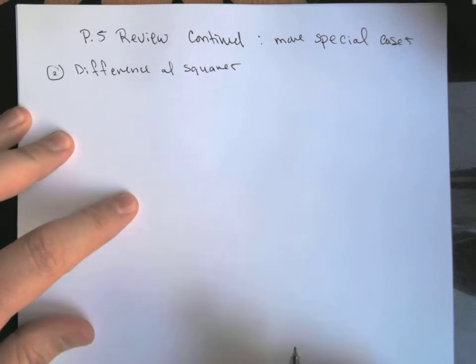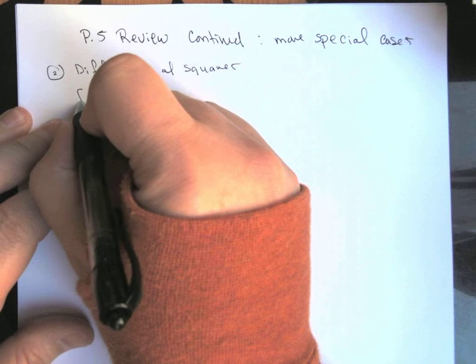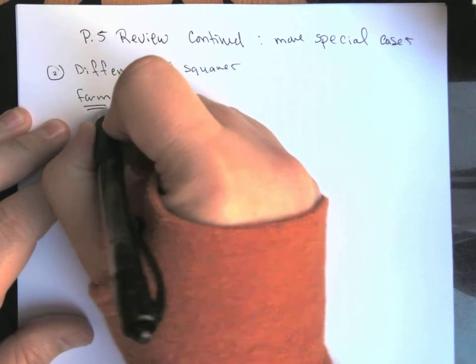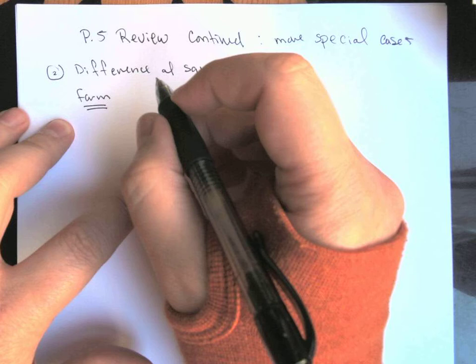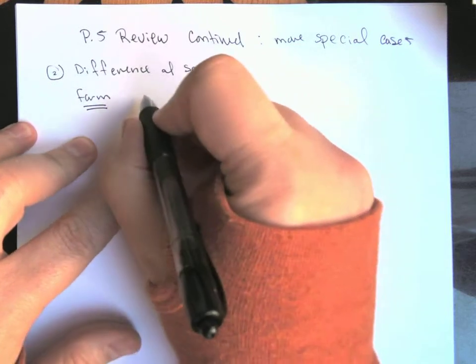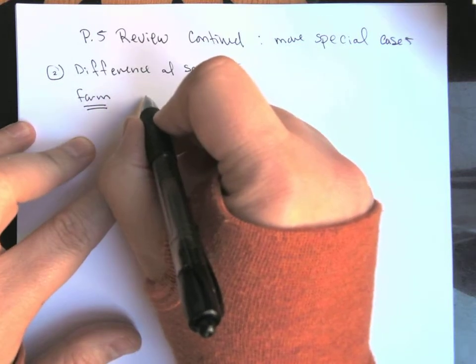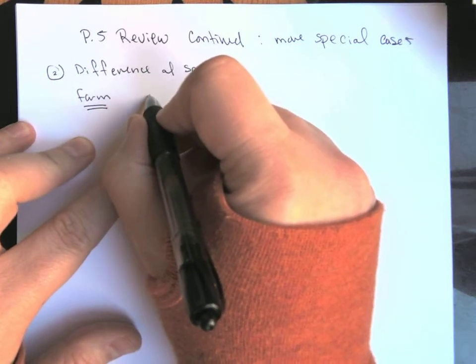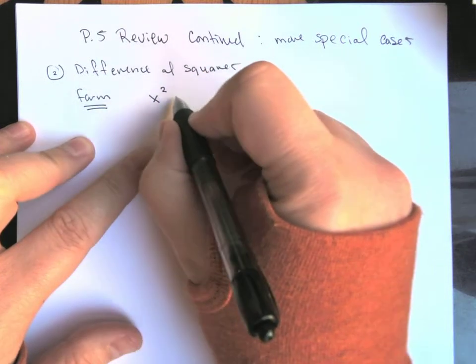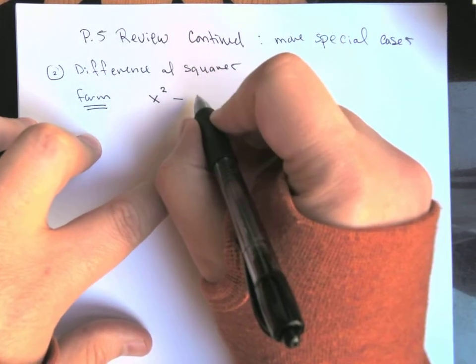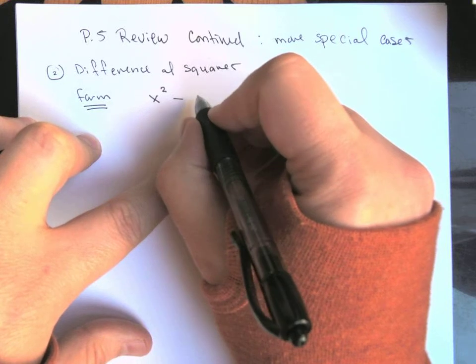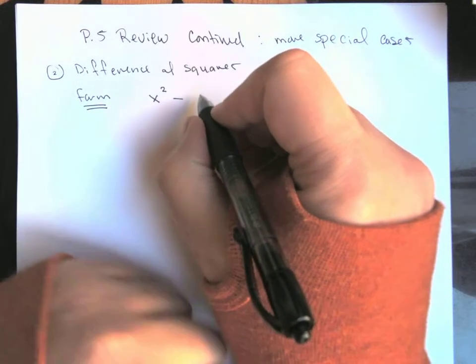And so the format here is something that looks like x squared minus, I'm trying to think of what variable to use here. I don't want to say c, because c is our normal one.